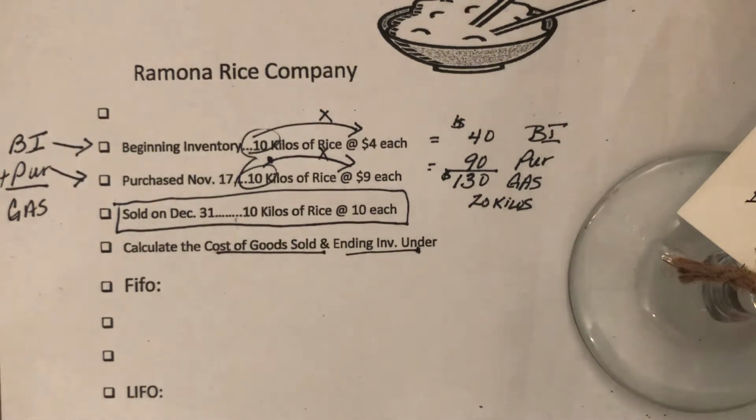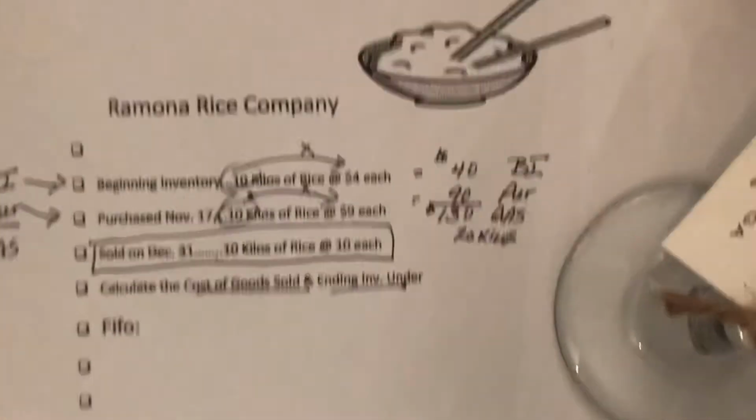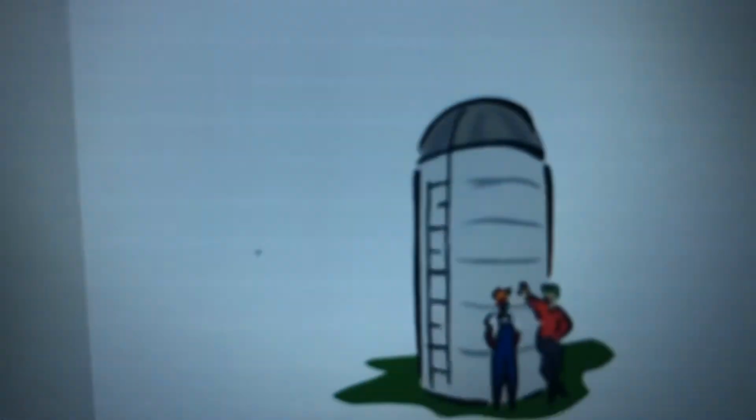Now, under the first in, first out method, that means that we want to sell the older rice first, like in the example with the milk. Okay, the older milk is usually put in the front for you. If you're looking at a silo, and there's a picture of a silo here, on your PowerPoints, rice and grain are usually put in a silo.